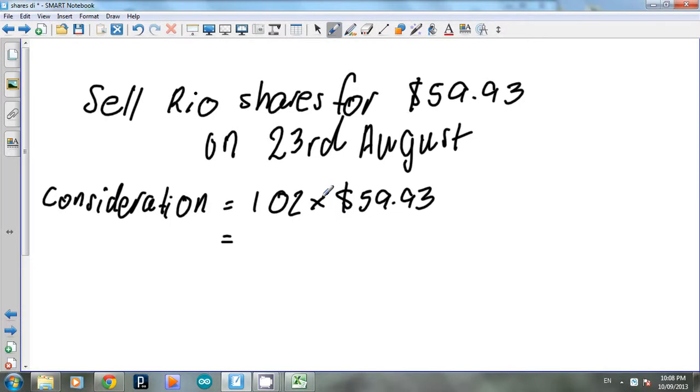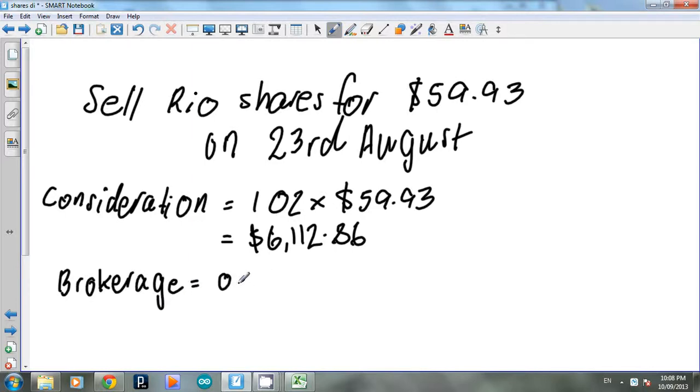And then from that, I'm obviously going to have to take off brokerage and GST as well. So that gives me $6,112.86. And the brokerage will be 2% of that.